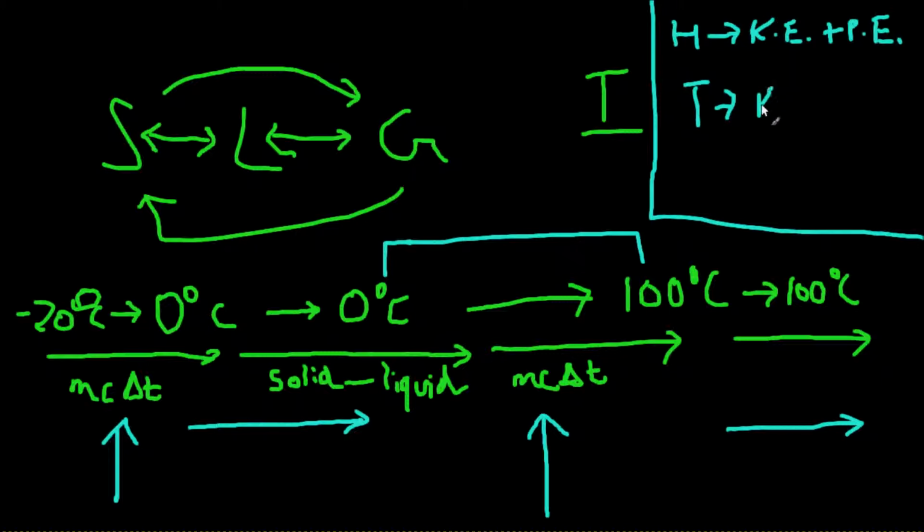It doesn't say anything about potential energy. Now, just to clarify again, kinetic energy is all to do with the motion of the molecules inside the body. Potential energy is all related to the distance between the molecules, the intermolecular spaces you would have said before. So more the potential energy, more will be the space between the molecules.